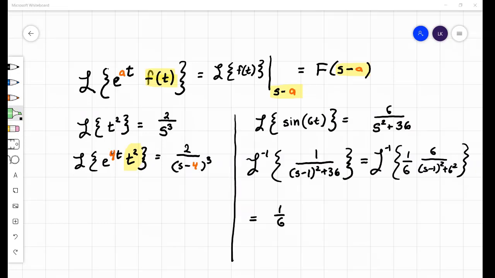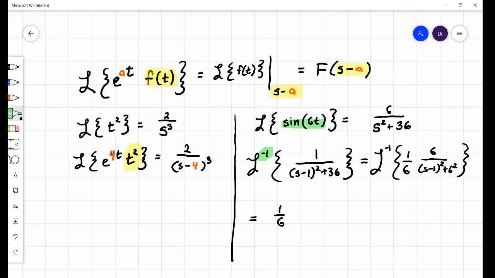In a similar vein, we know that the Laplace transform of sine of 6t is 6 divided by s squared plus 6 squared. So with that in mind, if we encounter something like the inverse Laplace of 1 over, and now not just s squared plus 36, but s minus 1 squared plus 36, we recognize that as something that looks like the sine.